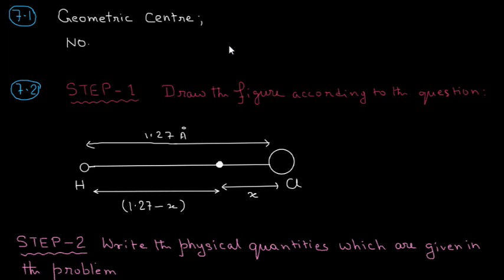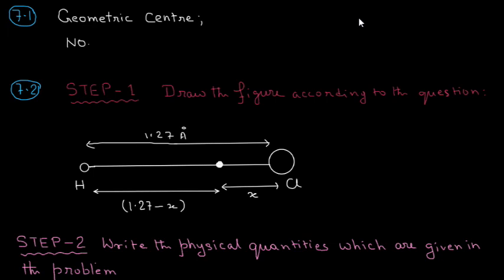So the answer is geometric center. So what does center of mass mean? The center of mass is a point where the mass of the body is supposed to be concentrated.